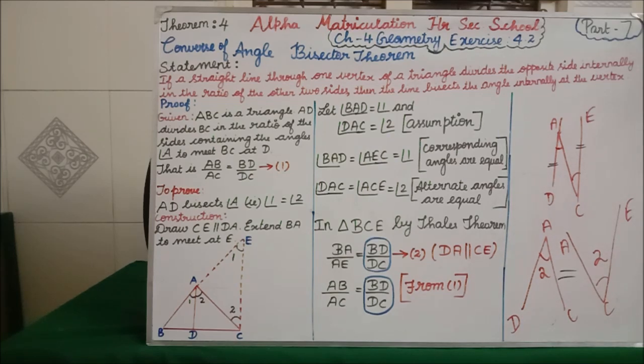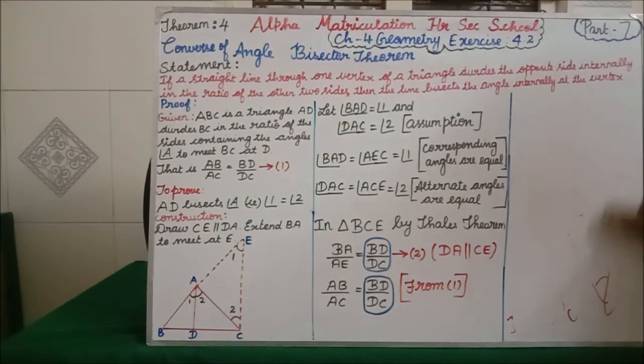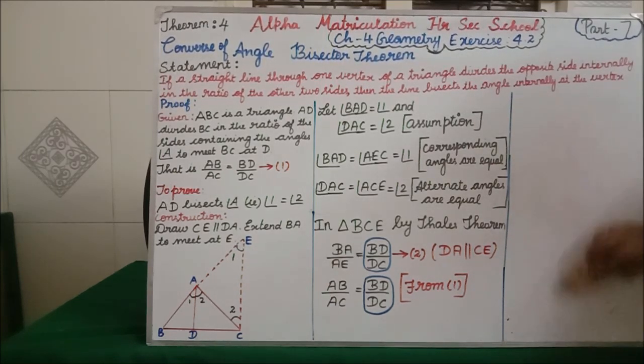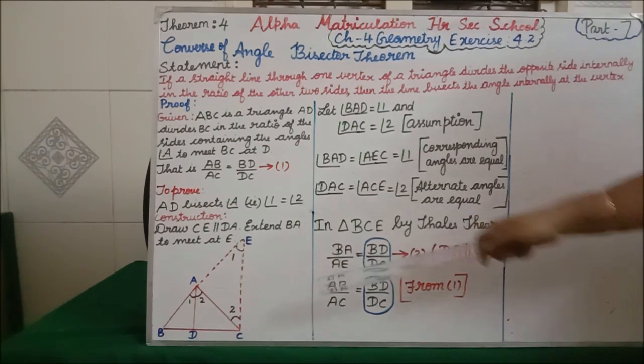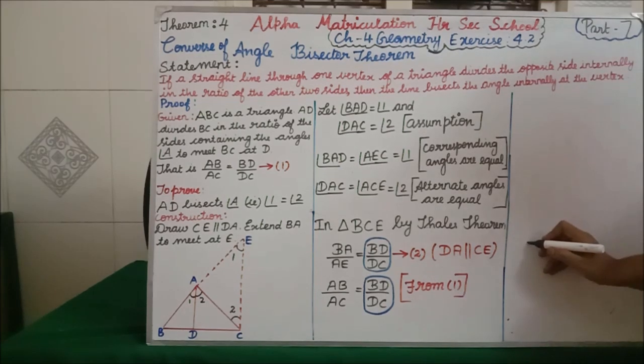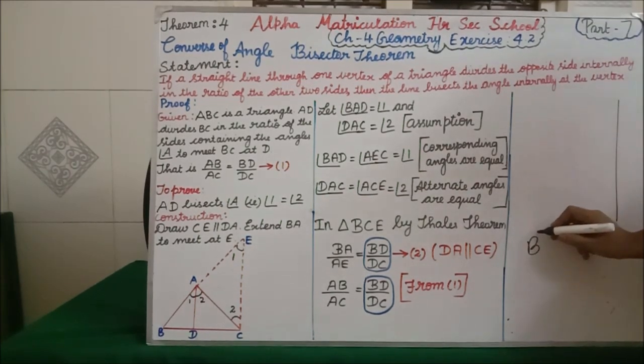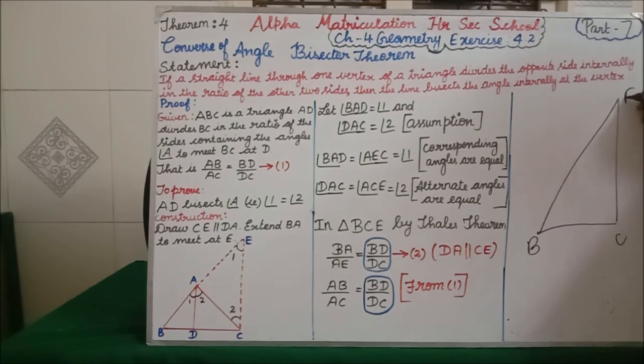Next I am taking triangle BCE. Now see from the main diagram where we have BCE. B means here down we have B. Next here at the top we have C. So we are taking triangle BCE.